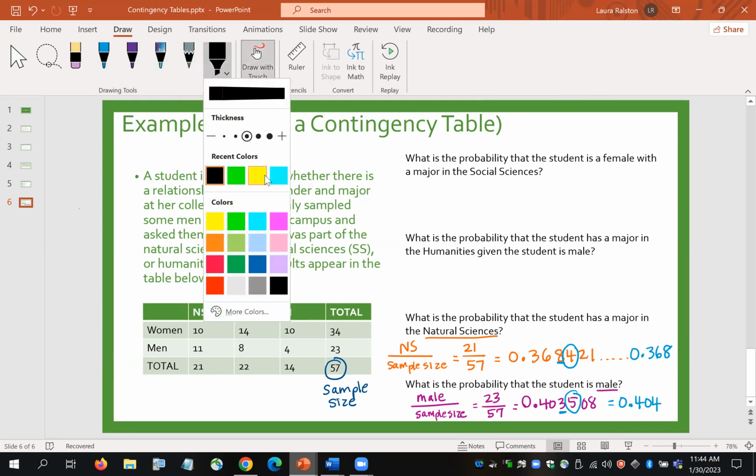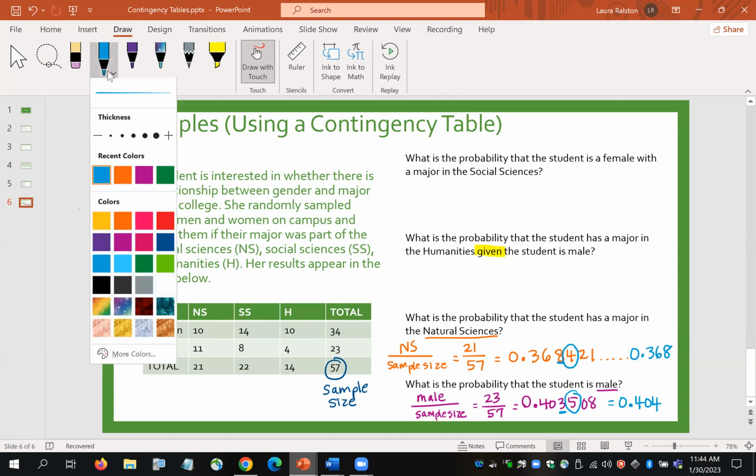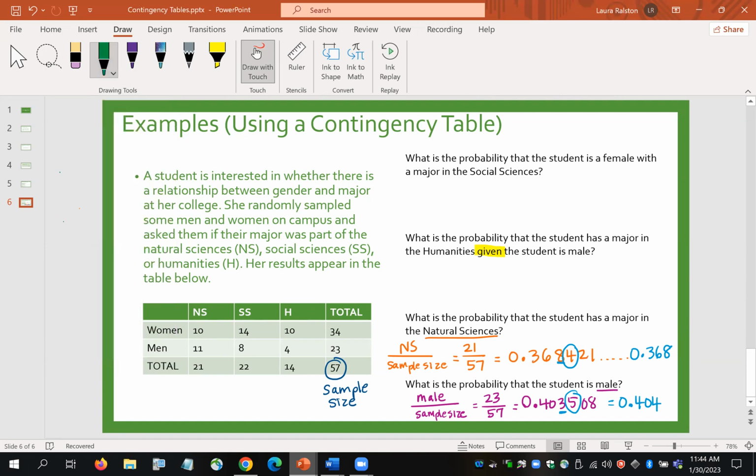The next question up, notice it says given. Okay, so we have a given that. And it says, what is the probability that a student has a major in the humanities given that the student is male?